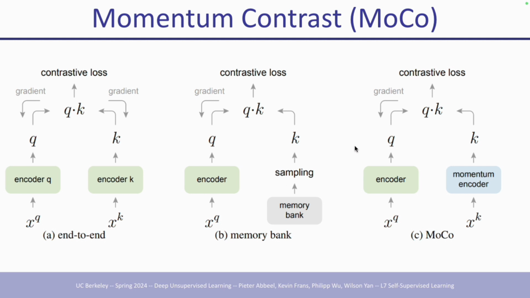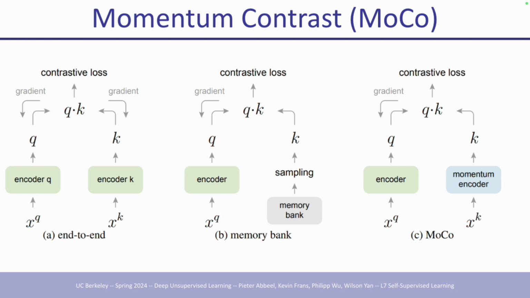So what they do with the momentum encoder is you take your image X, you pass it through this momentum encoder, which is a slowly moving average of your encoder weights. So you can treat this as a more stationary distribution. You're giving the encoder something a little bit more static to match against, and that helps stabilize training and prevent collapse issues.